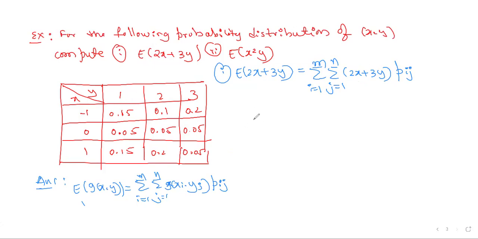Now what we'll do is fix the x value and go through the y values.